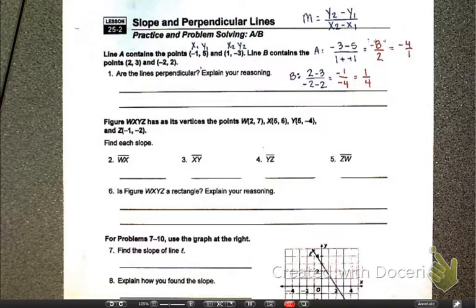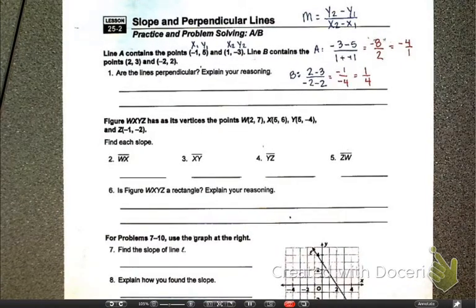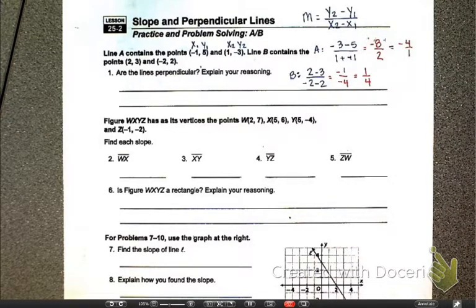So are these lines perpendicular? Yes. So how can you say that in a sentence using math terms? They're perpendicular because they have what? They're reciprocal. What's the word in front of it? The opposite reciprocal. So they're opposite reciprocal slopes.